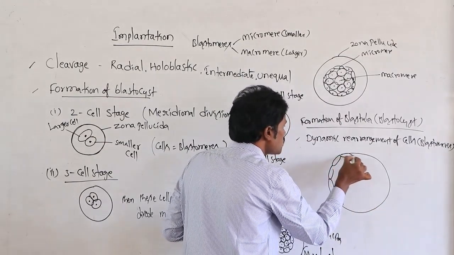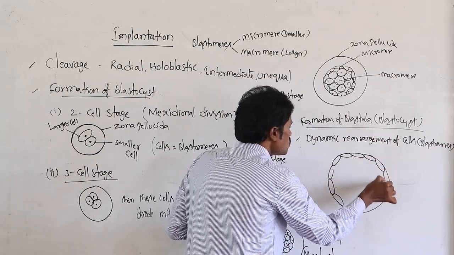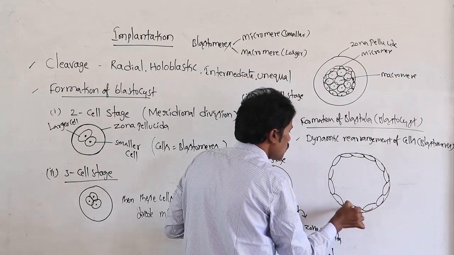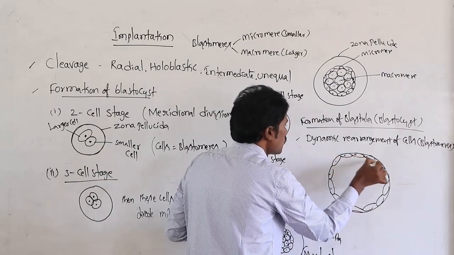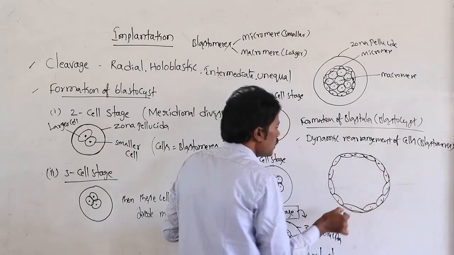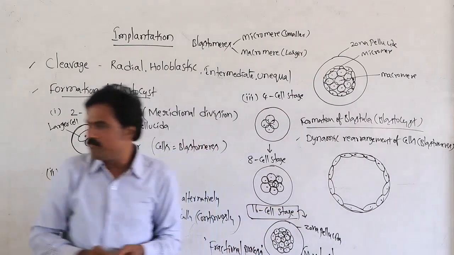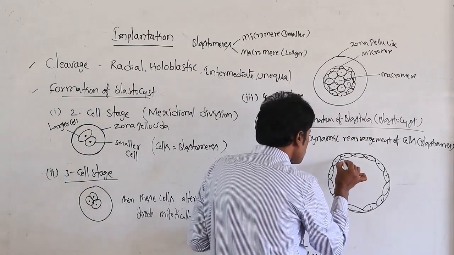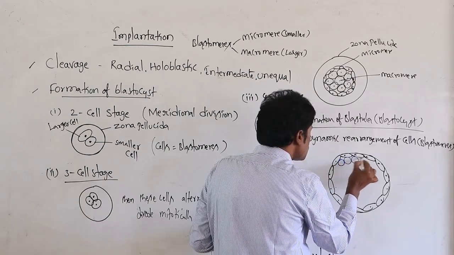These are the smaller cells, the outermost ones. Then the inner cell mass is present, a little bit larger.